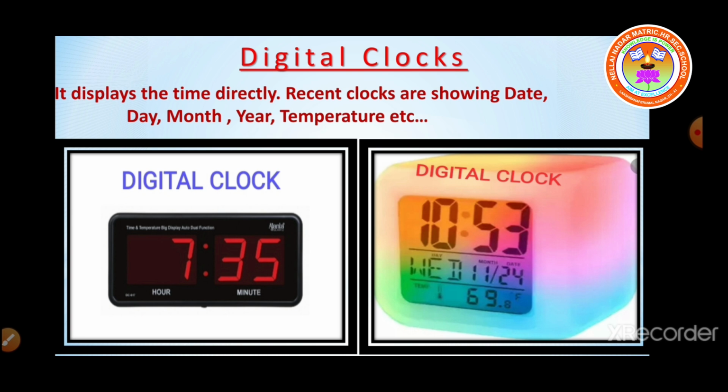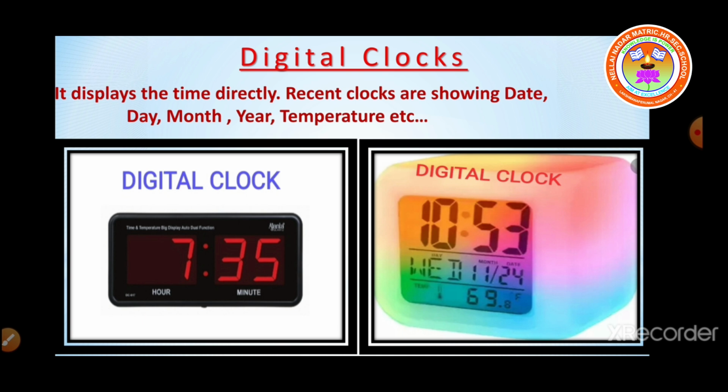The time shows 10:53, 10 o'clock and 53 minutes, and the date is 11, and the day is Wednesday, and the month is also given. The temperature is given as 69.8 degrees Fahrenheit. That also comes with the digital clock. The digital clocks are often called electronic clocks.